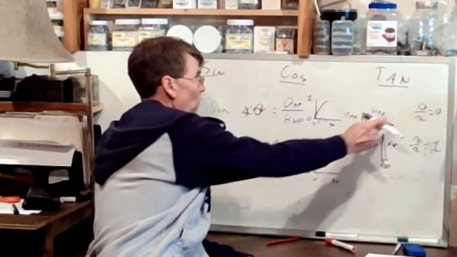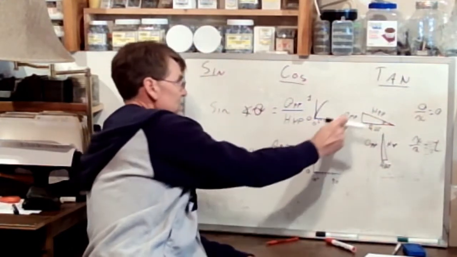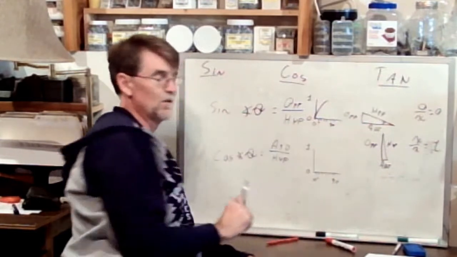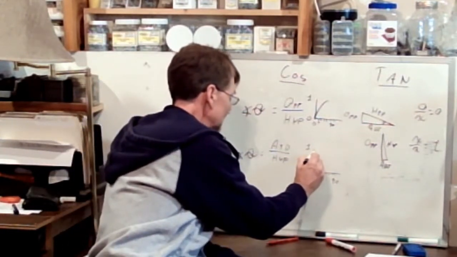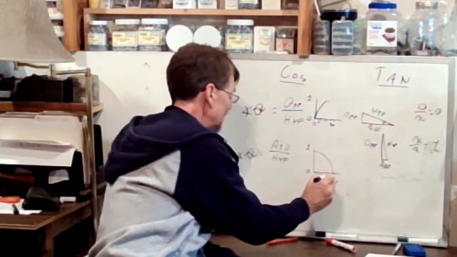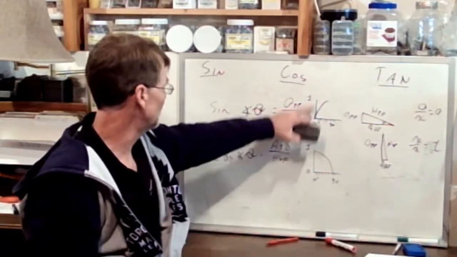Cos begins at 1. The adjacent over the hypotenuse, those lines are the same length when the angle is 0. So it starts here, and at 90 degrees it drops down to 0. Always a number between 1 and 0.